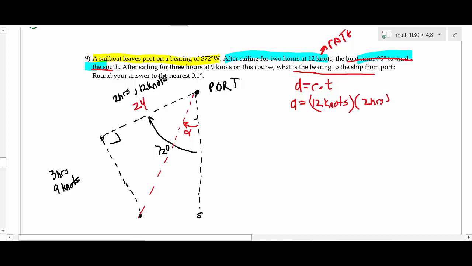Okay? All right, so that's just some distance. I don't even remember what the nautical miles actual units are in that. But it's okay. That just gives us an answer, and then we're going to be consistent. On the next one, we have distance is 3 hours, or 9 knots, okay, times 3 hours, like that. So that's going to give 27.